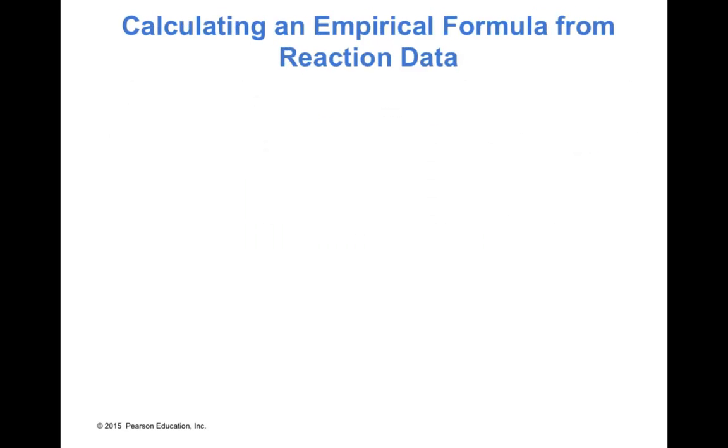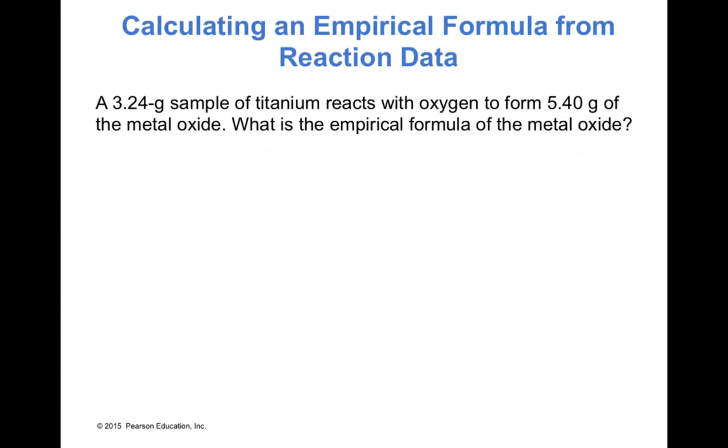Following example. A 3.24 gram sample of titanium reacts with oxygen to form 5.40 grams of the metal oxide. What is the empirical formula of the metal oxide? So we need to know the empirical formula for the metal oxide that is produced by titanium with oxygen.